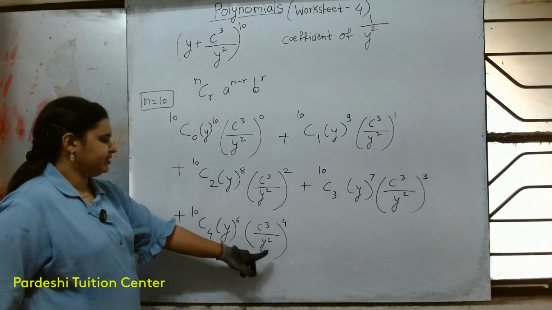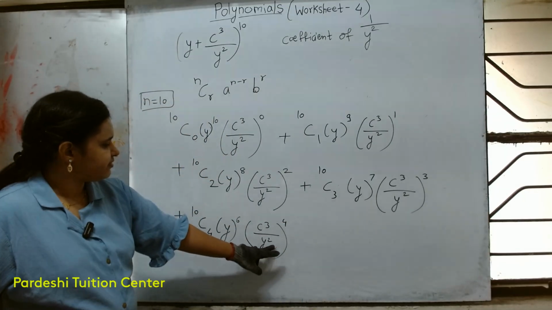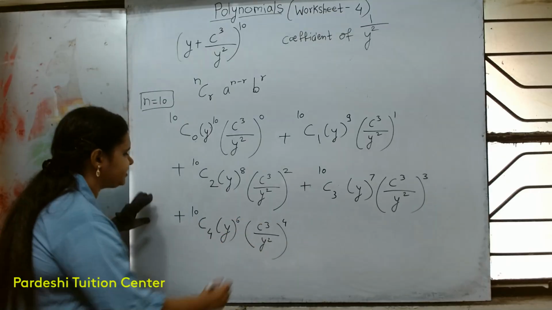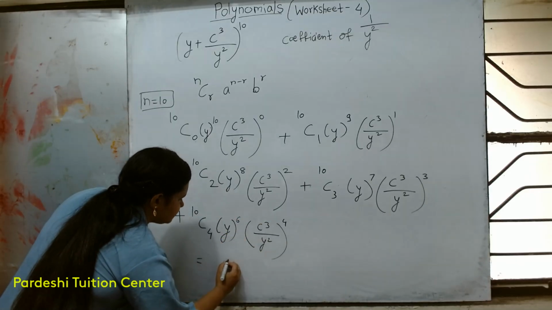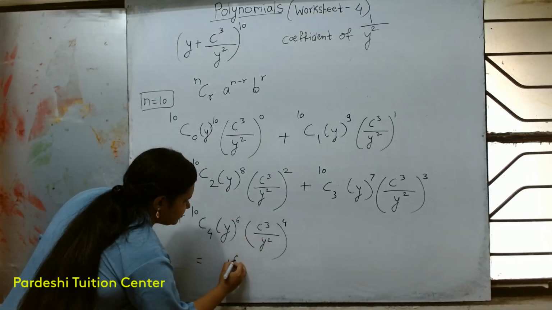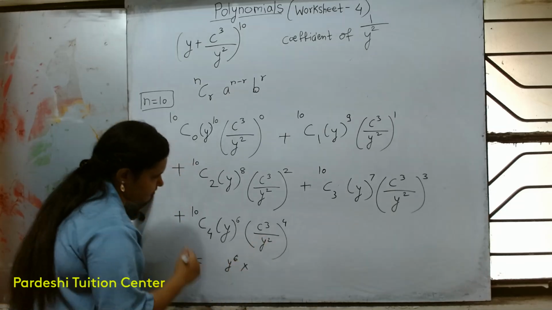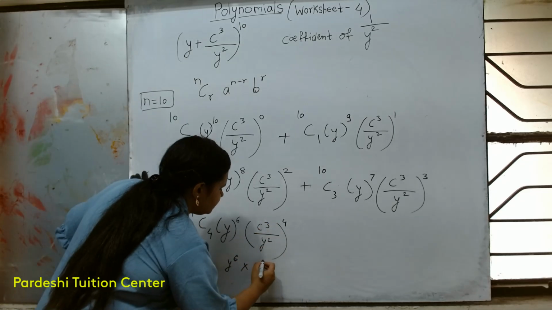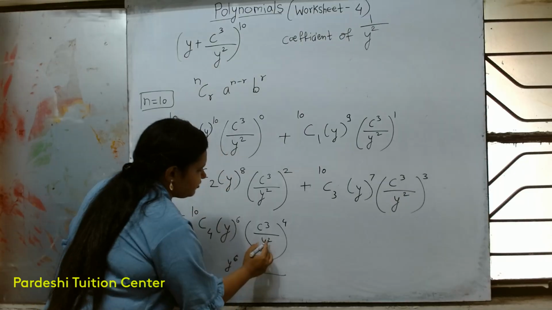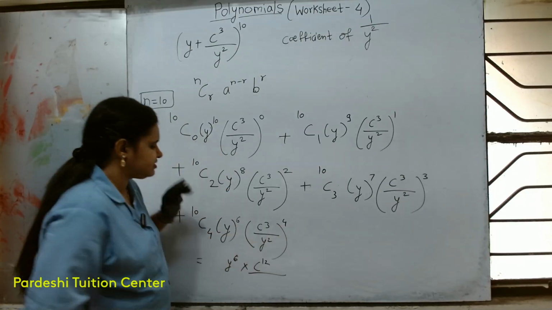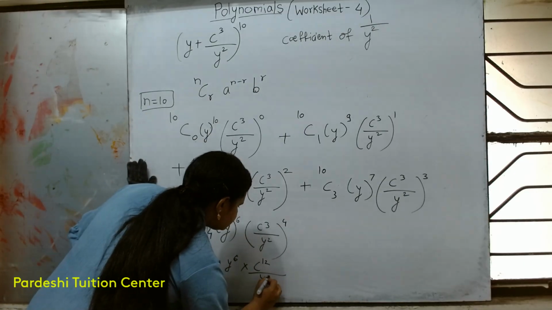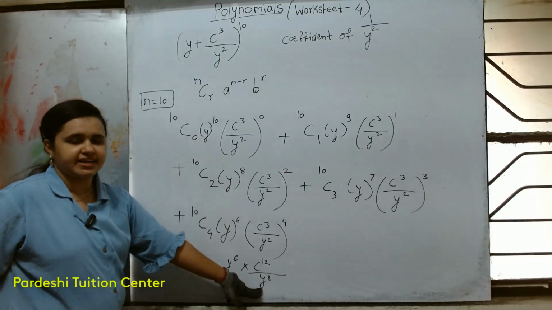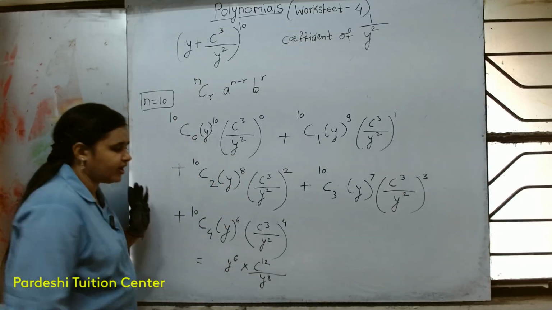Now check whether it is true. Y square to the power 4, what will it be? If I take it, it will be y to the power 6, and this is c to the power 3 4 12 upon y square to the power 4 is 8. Okay. So y to the power 6 and y to the power 6 will get cancelled, and what is remaining? 1 upon y square.